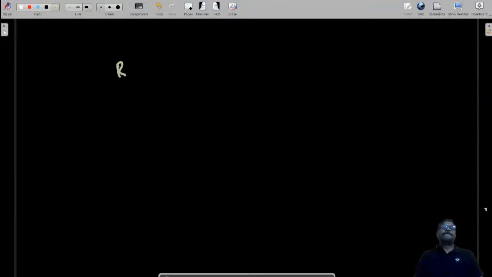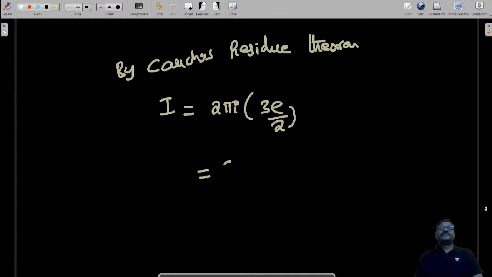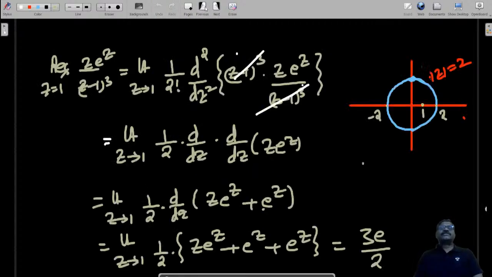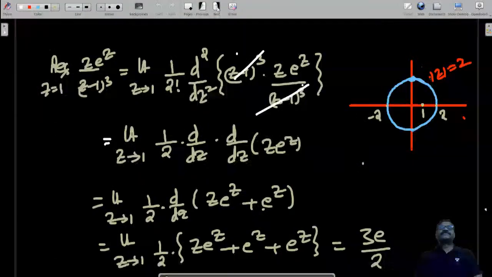By Cauchy's residue theorem, the value of the integral is 2 pi i into 3e by 2, that is 3 pi i e. Second option is correct.